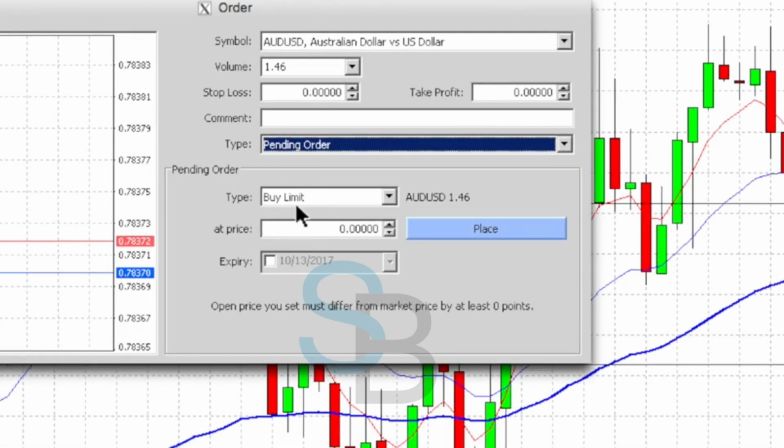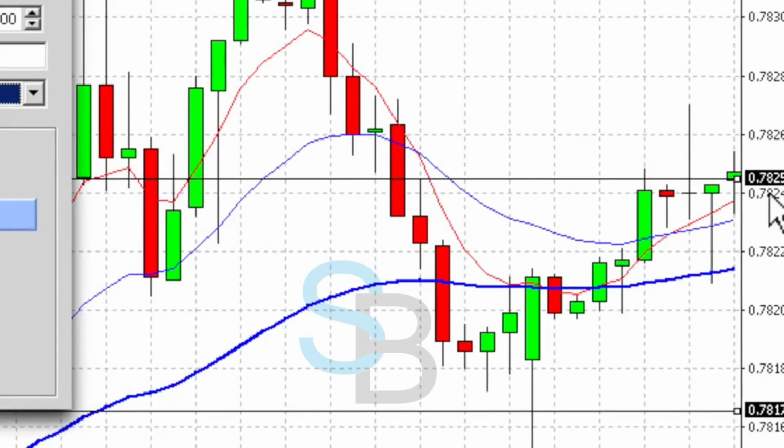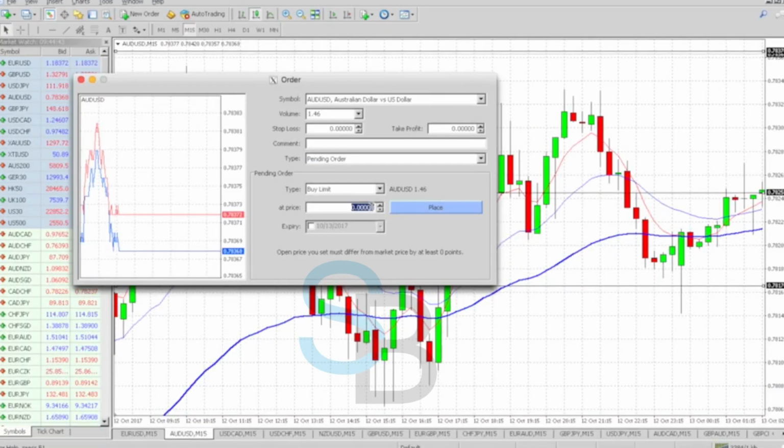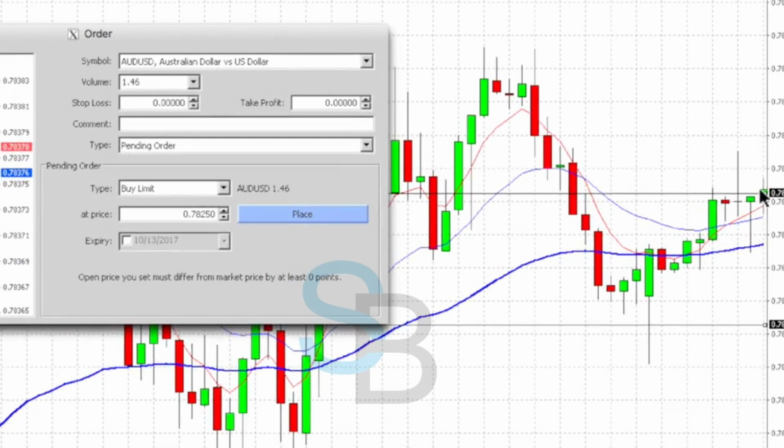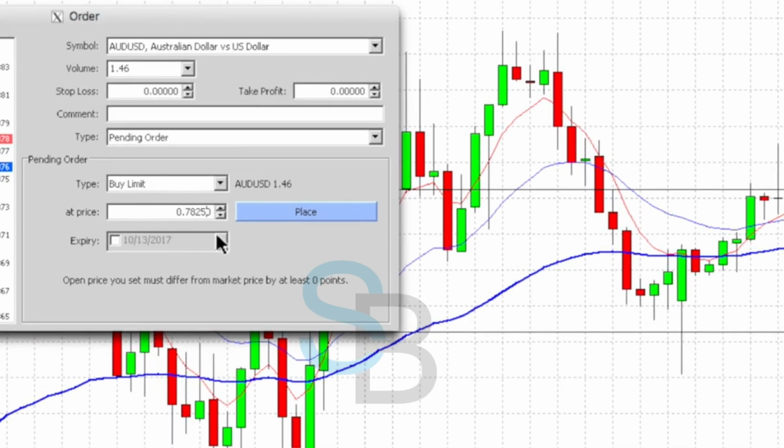The buy limit would be 7825. The current price is, say, 7826, and my order is at 7825 limit, which means I only buy if it comes back to 7825.